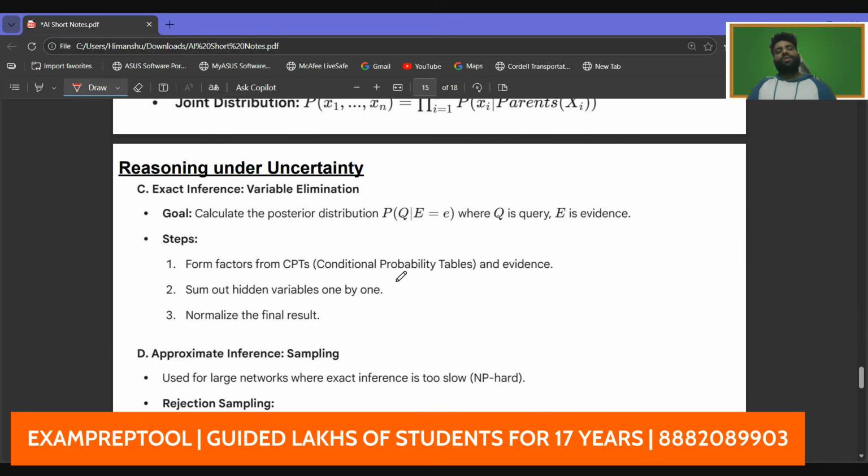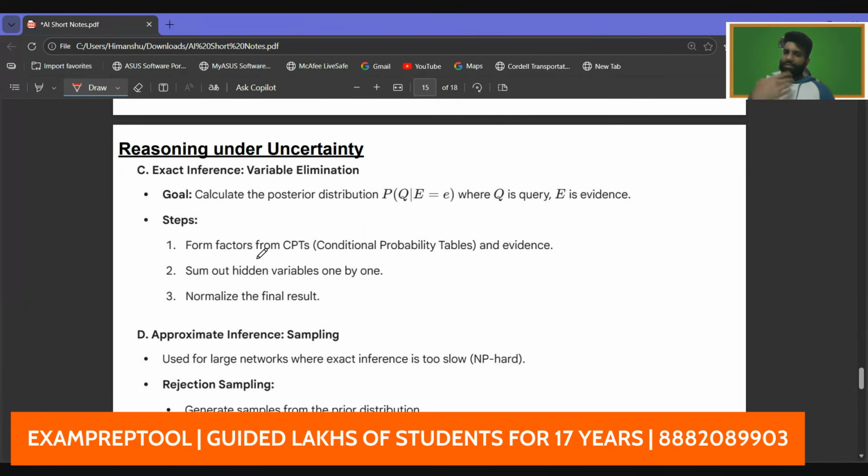Within that, the overall idea is also written: calculate the posterior. How do we generally write the query, write the evidence, form the factors, find out what the factors are from CPTs, conditional probability tables, and evidence, and sum out the hidden variables.